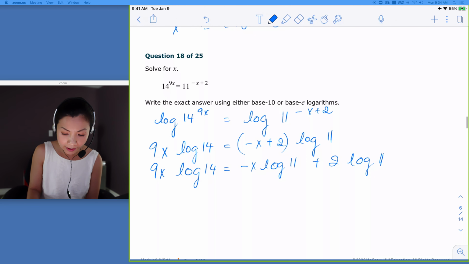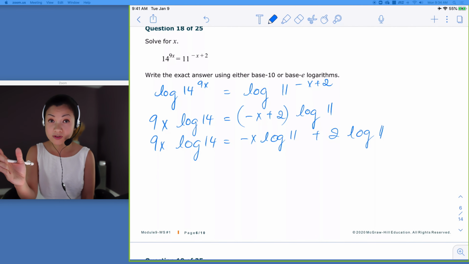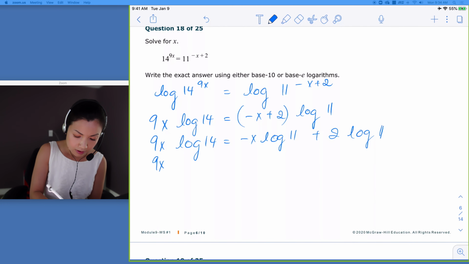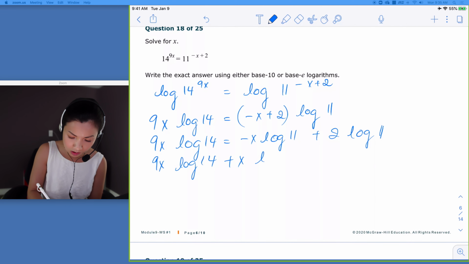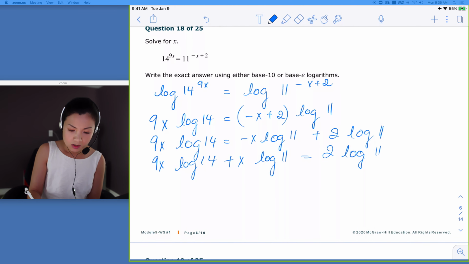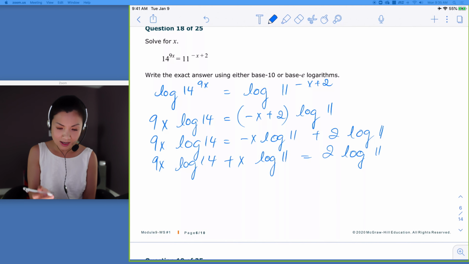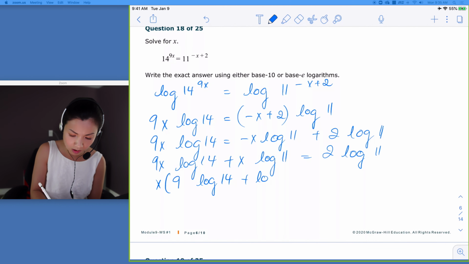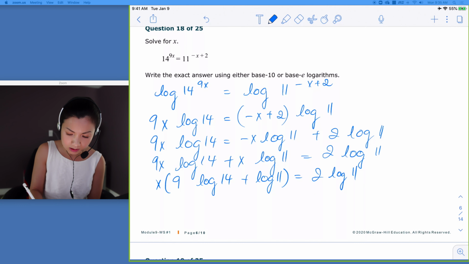Now what I have is x on both sides, so we have to move over. So I'm going to add x log 11: 9x log 14 plus x log 11 equals 2 log 11. So how do I isolate x? I'm going to factor out the x. So I have x times (9 log 14 plus log 11) equals 2 log 11.